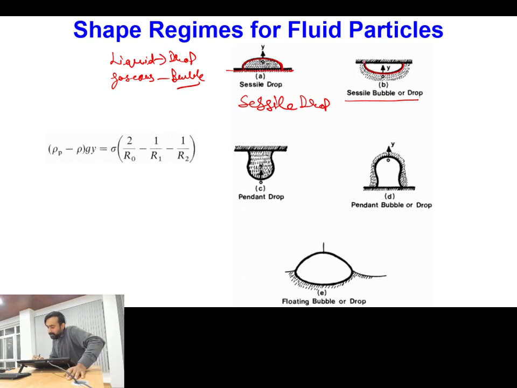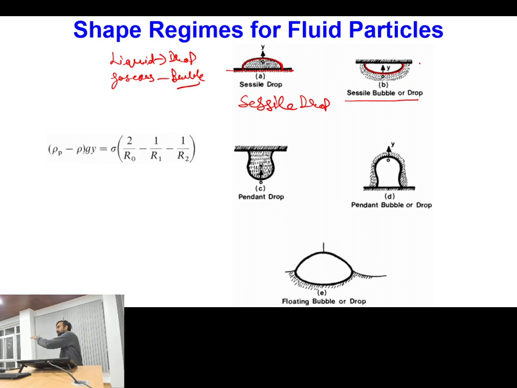But on the contrary, for this inverted shape which is rising to the top, one possibility is you have liquid in the surrounding and gas within the fluid particle, so that gas will be rising vertically and sticking to the plate. And the second possibility can be you have two liquids of different density. One liquid is of heavier density, the other liquid is of lighter density.